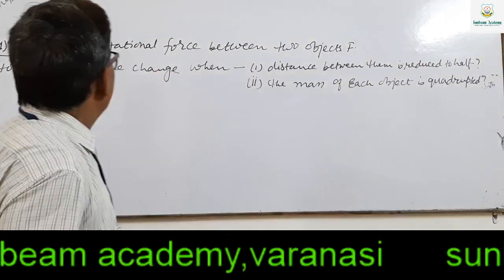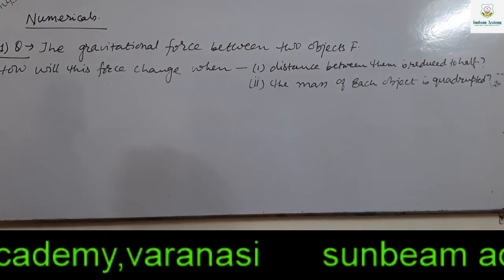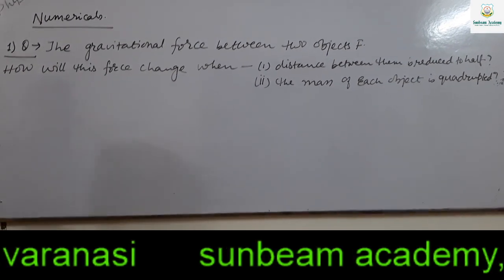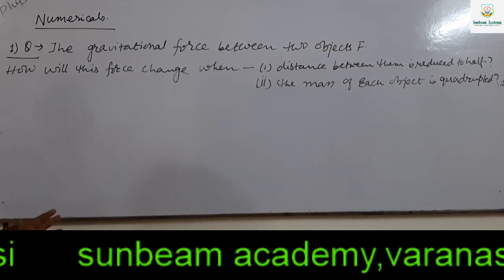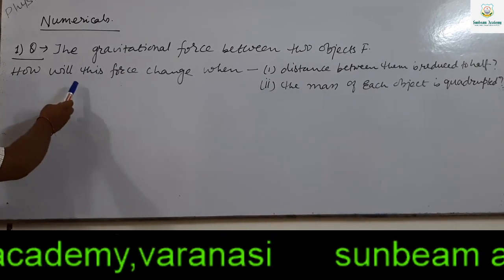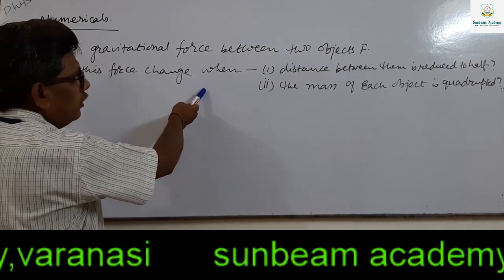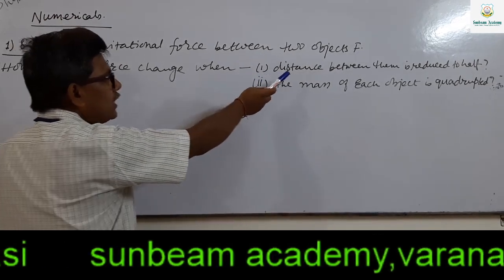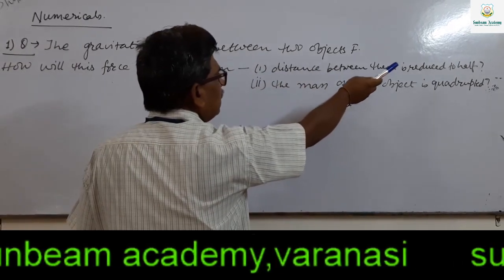First numerical I have written on the board: the gravitational force between two objects is F. How will this force change? Number one, the distance between them is reduced to half.